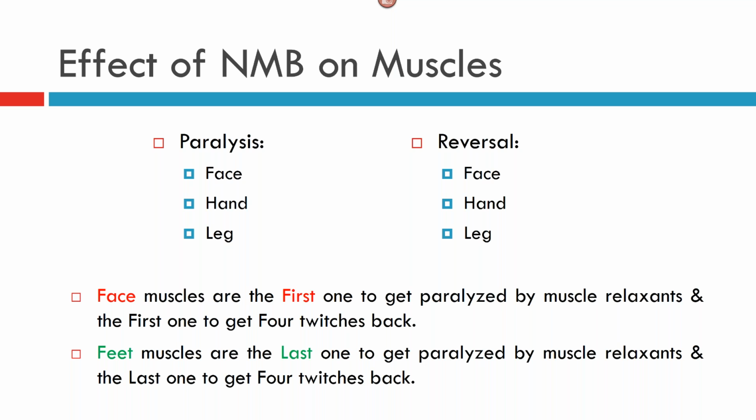All the muscles in the body that have a higher blood supply will be paralyzed before the others. The face has very small muscles, and the ratio of blood flow from the facial artery to the muscles is very high. So the drug reaches the facial muscles very quickly, and the face is paralyzed.